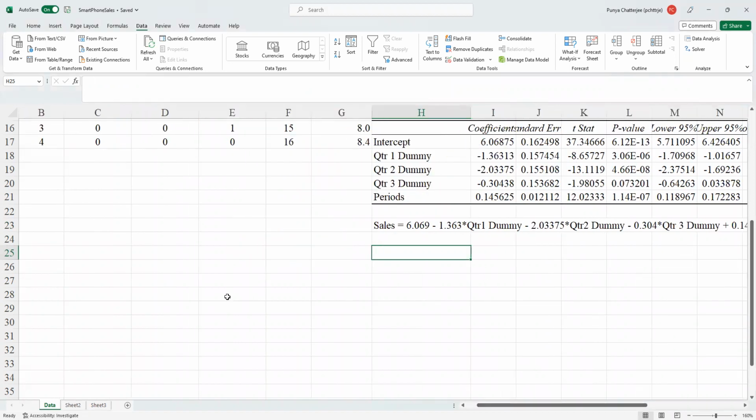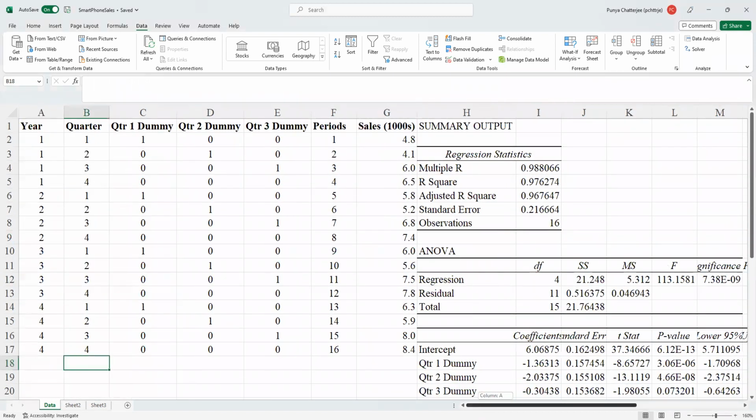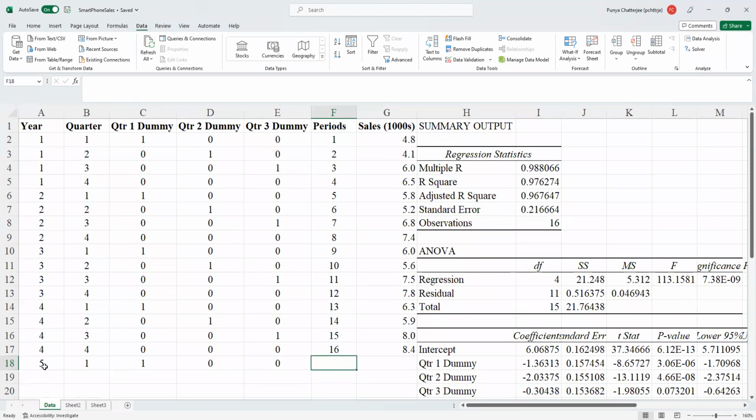Now let's forecast for year 5 quarter 1. My period is going to be what? For year 5 quarter 1, the period is 17, the next period.